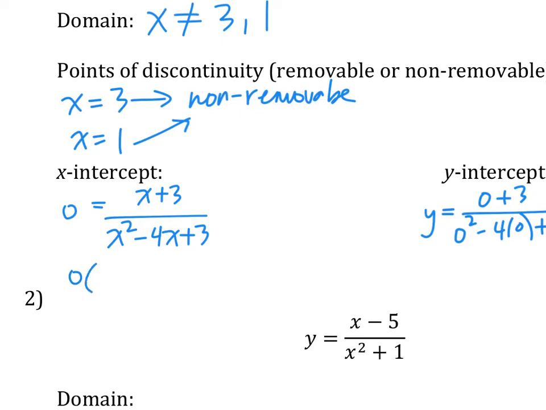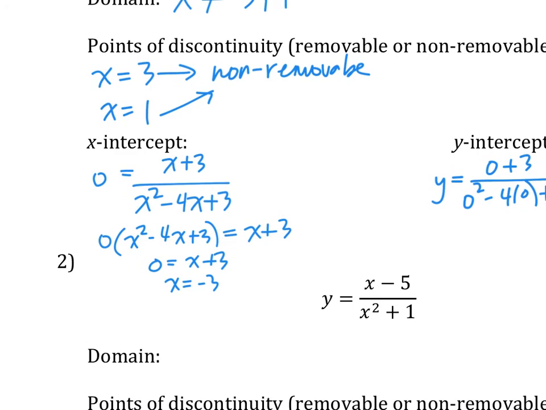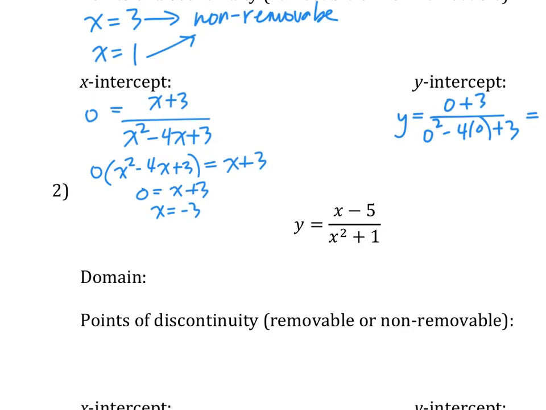Yeah? Okay, let me write that. I would multiply everything by the denominator, but that's kind of a moot point. Everything times 0 is just 0. So 0 equals x plus 3. So x equals what? Negative 3. Okay, so that's the x-intercept. Are you guys good? Yeah? Okay. All right.